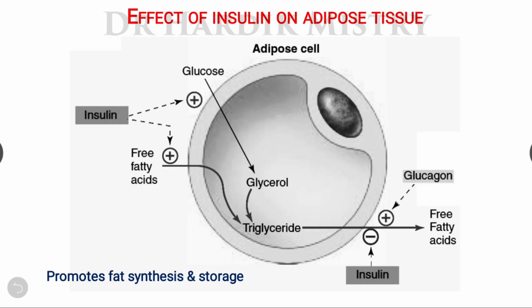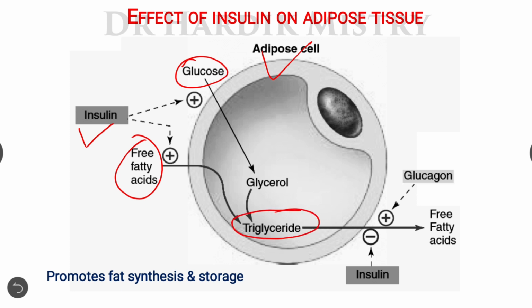Now what is the effect of insulin on the adipose tissue? Insulin stimulates the uptake of glucose and free fatty acids by the adipose cell, and due to this uptake, the glucose and free fatty acids are converted to glycerol and triglycerides. The net effect of insulin on adipose tissue is fat synthesis and storage.